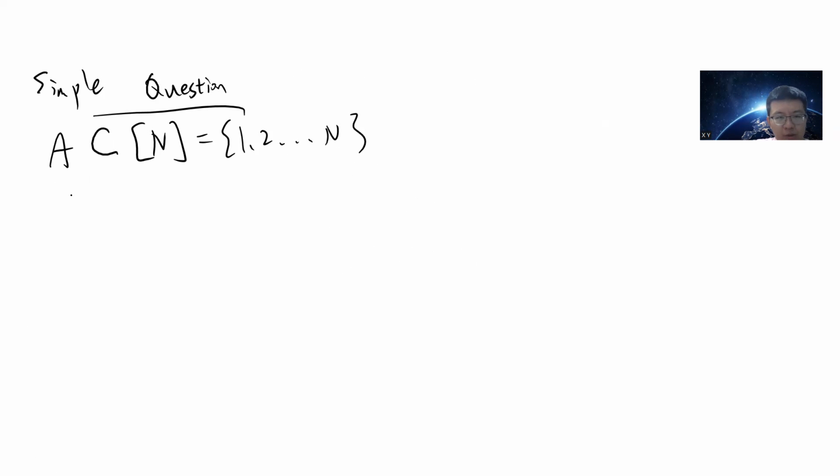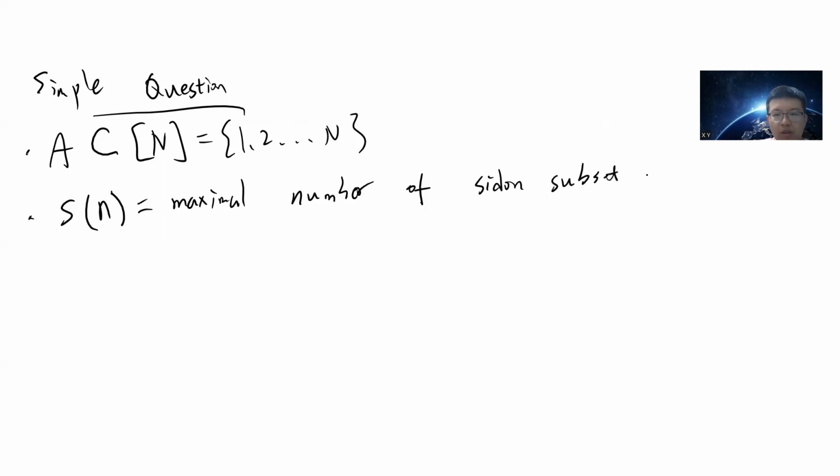You consider all the Sidon subsets of [n], and you can define S(n) to be the maximum size of a Sidon subset in [n]. You fix n and ask what's the largest subset you can get, with the restriction that it must be a Sidon set.